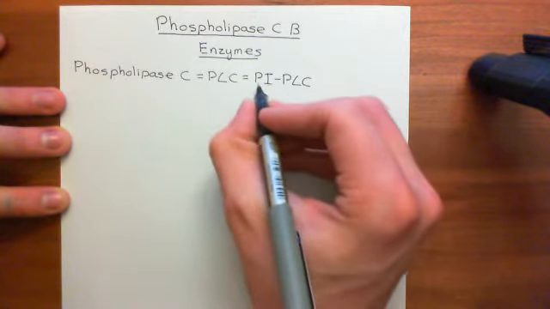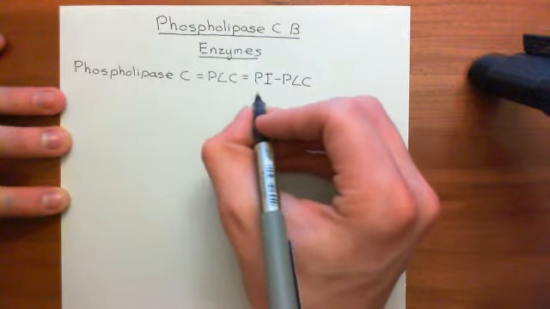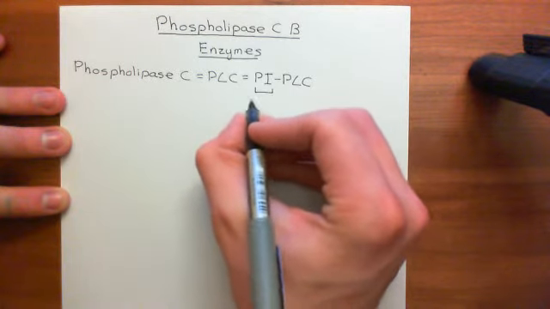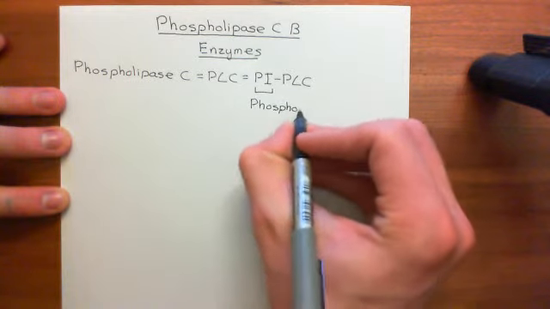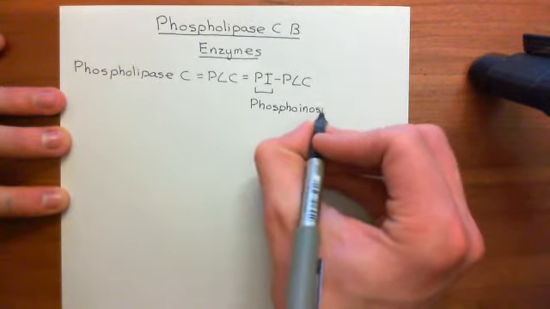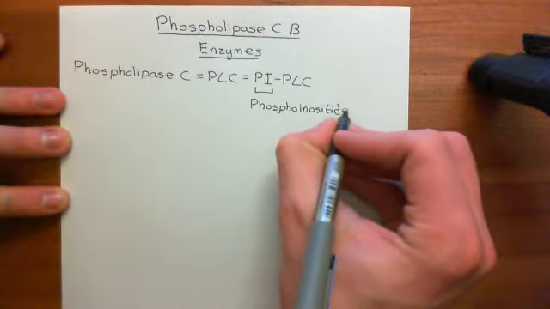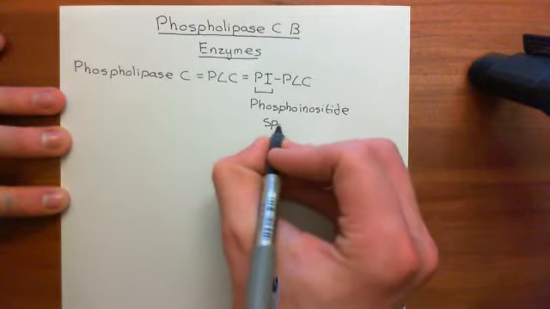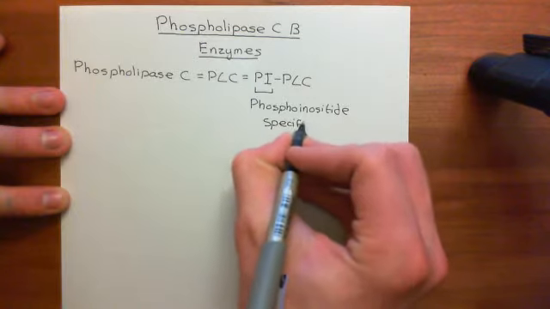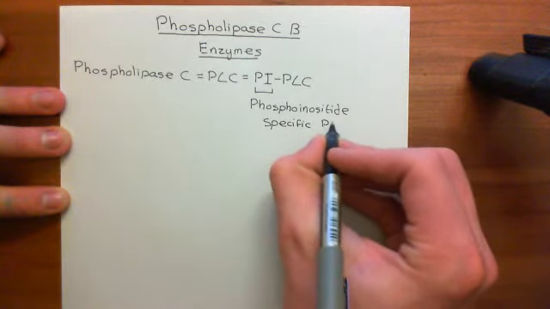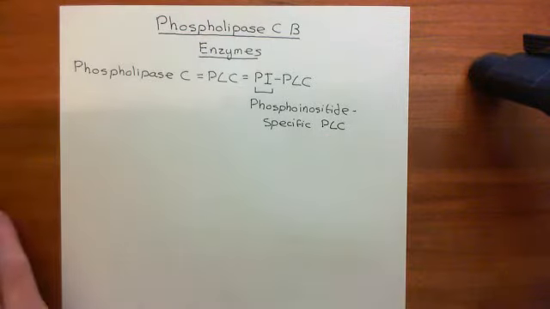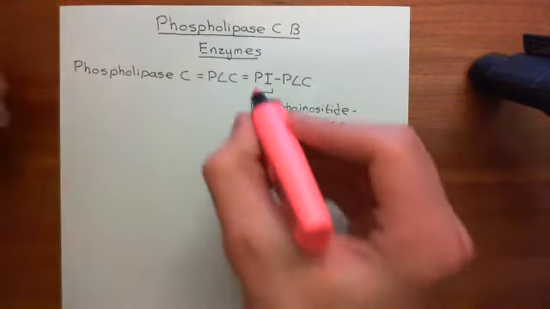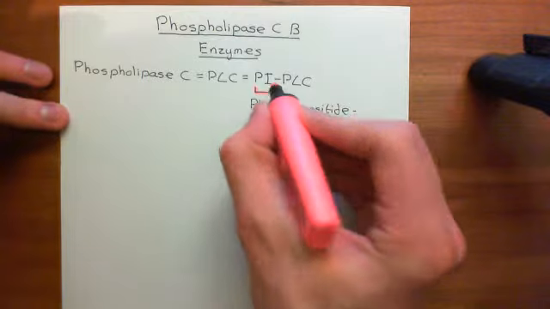Abbreviated, this is written PI for phosphoinositide. The P is for phospho, the I is for inositide. So when people talk about phosphoinositide-specific phospholipase C enzymes, it's just another way of saying phospholipase C enzymes, just a little bit more pernickety.